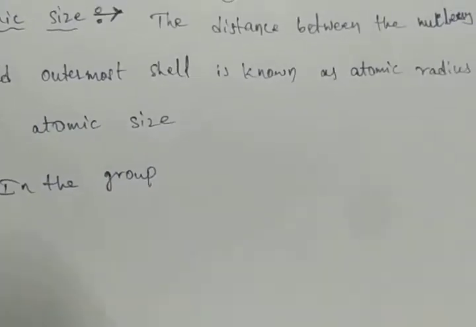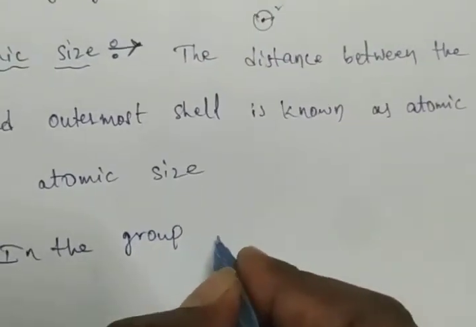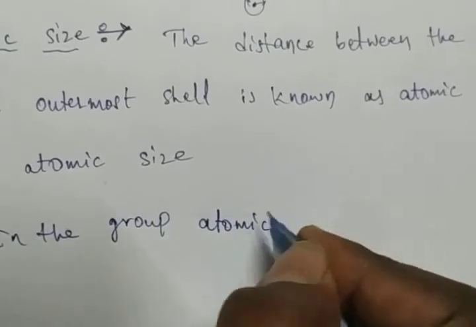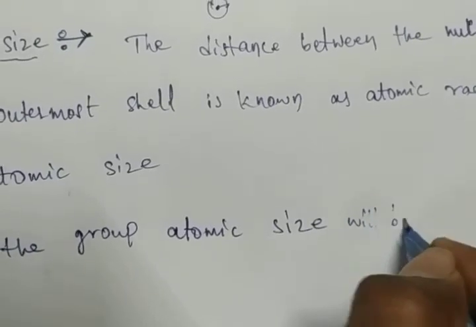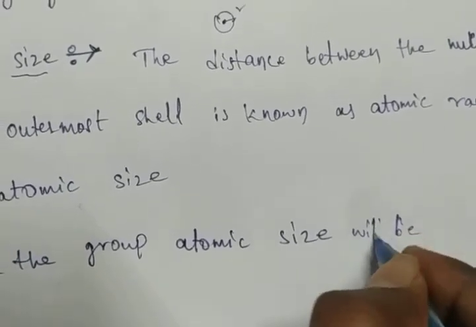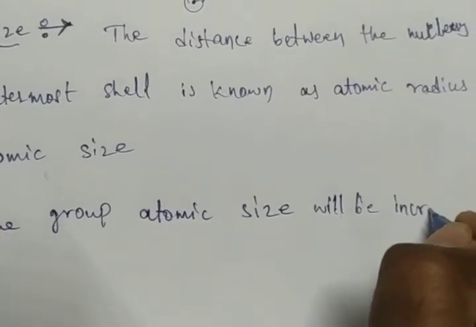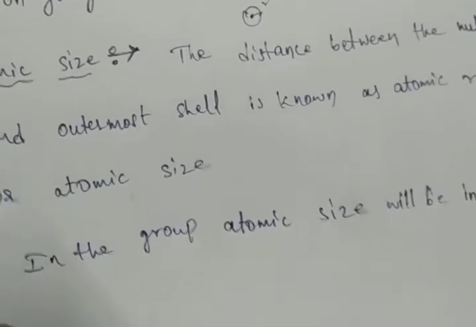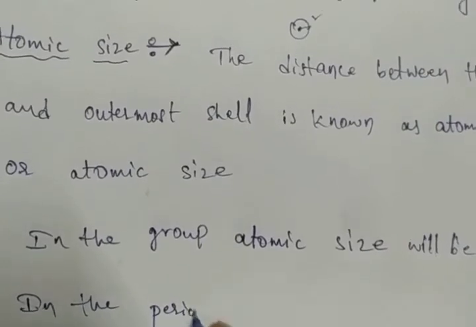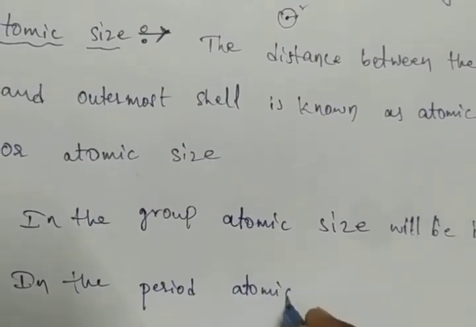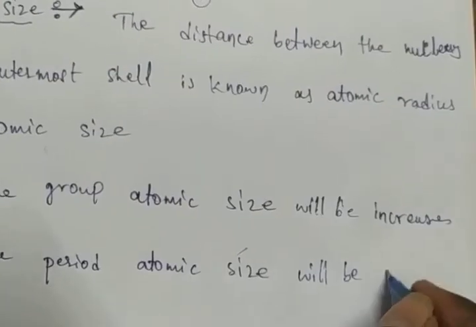Okay, simple. The atomic radius or atomic size in the group will increase, and in the period atomic size will decrease.